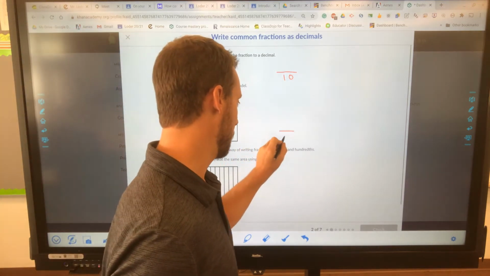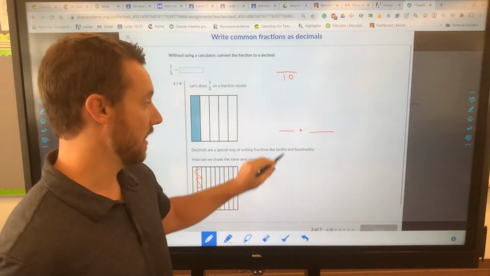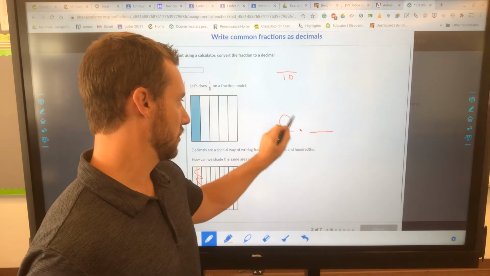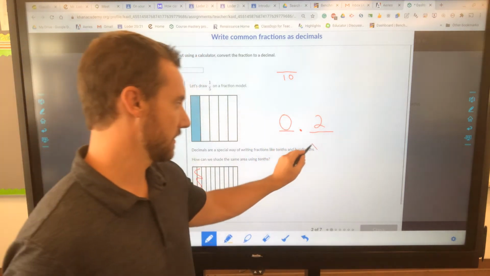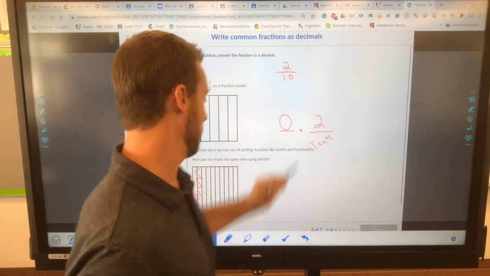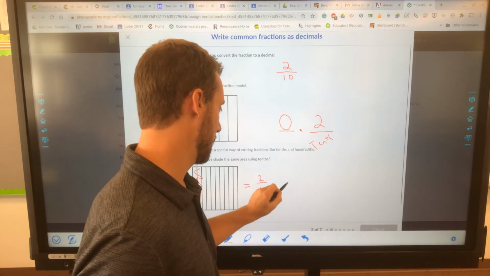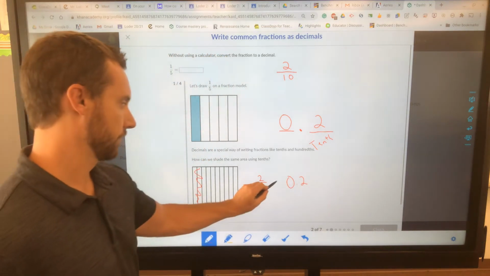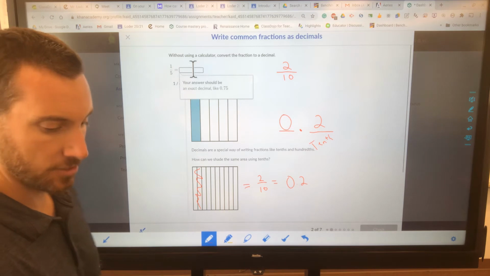So I would draw out my place value bar and I would put in 2/10, because this is our tenths place. Okay, all right, so let's go ahead and put 2/10 and let's do a couple more.